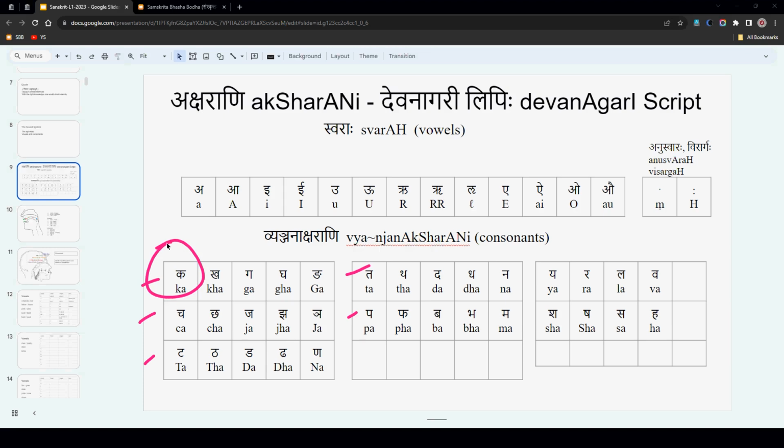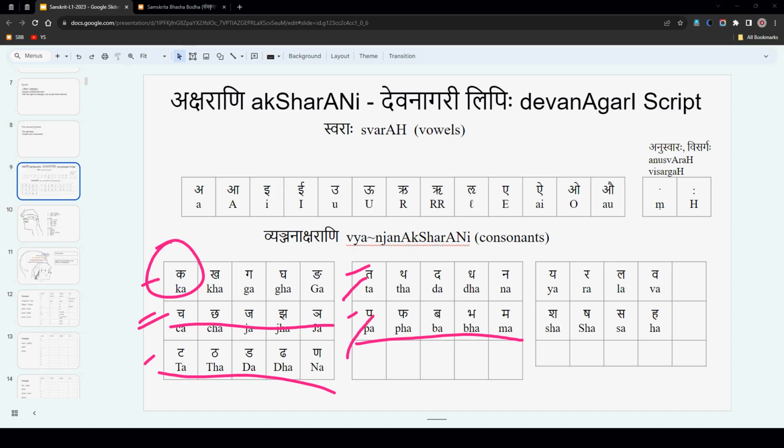These are produced by the blockage of air at the kantha. This line is produced by the air blocked at talu, the palate, and this one by blocking the air at murdha, and this is at the danta. This line is at the oshtha, or the lips.